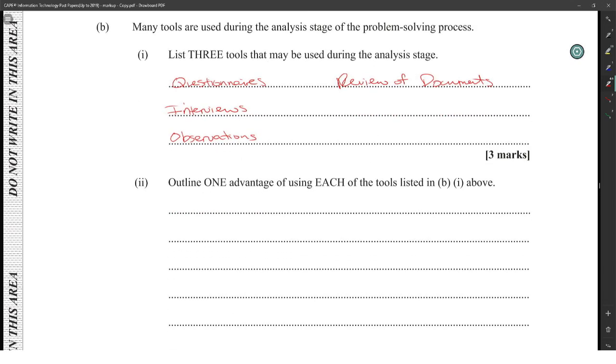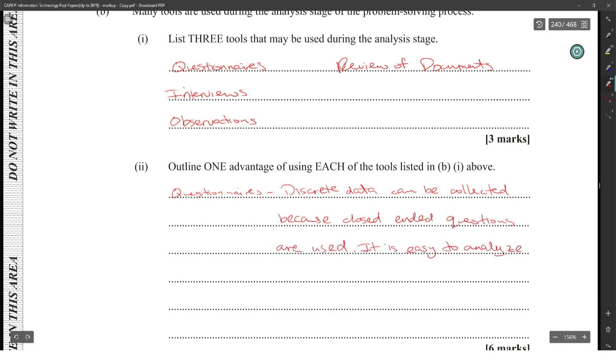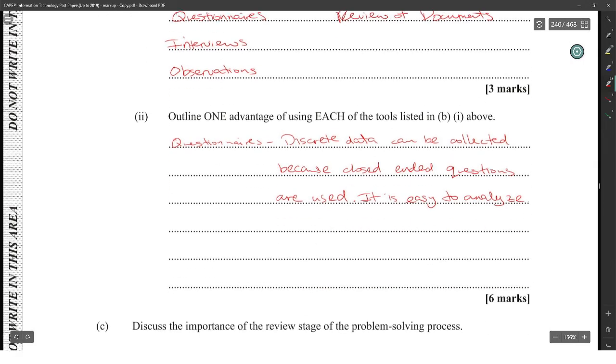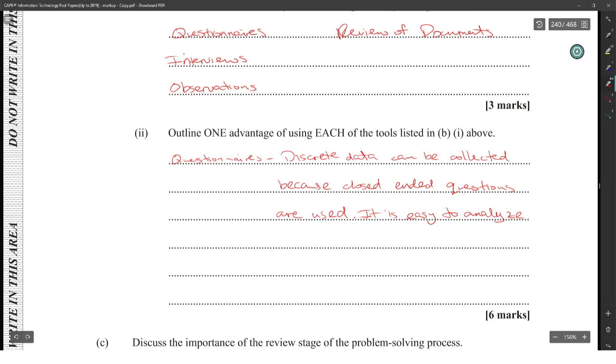One advantage, okay, so let's go with questionnaires. Questionnaires give you discrete data. Discrete data can be collected because closed-ended questions are used. It is easy to analyze. I wrote too much, so let me use the space better, because I had to do 3 of them.